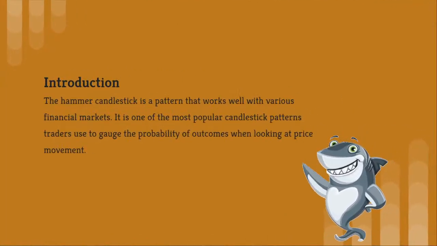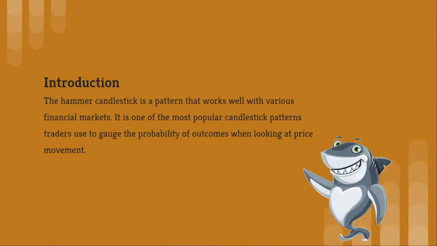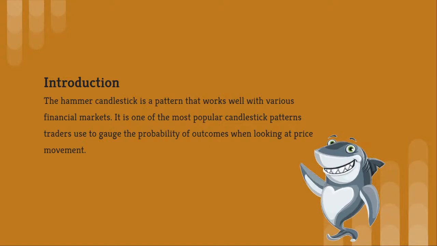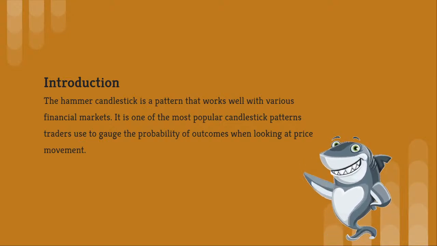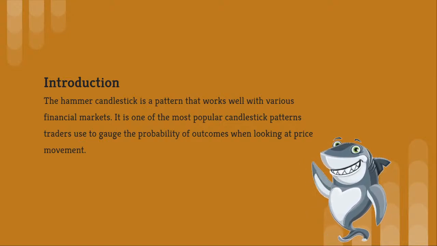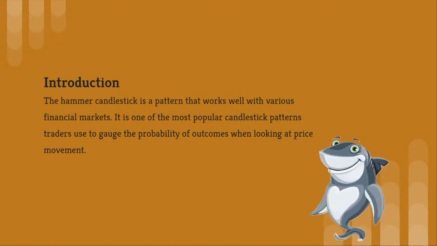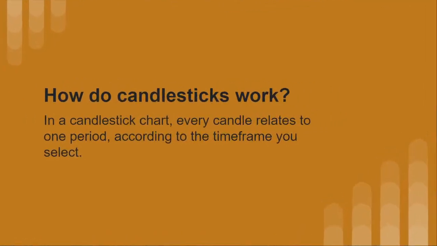Right, I wanted to give you some more explanation about this hammer. This is one of the most popular candlestick patterns, and traders use it to assess the probability of outcomes when looking at price movements. So how do these candles work? In a candlestick chart, every candle relates to one period according to the time frame you select.